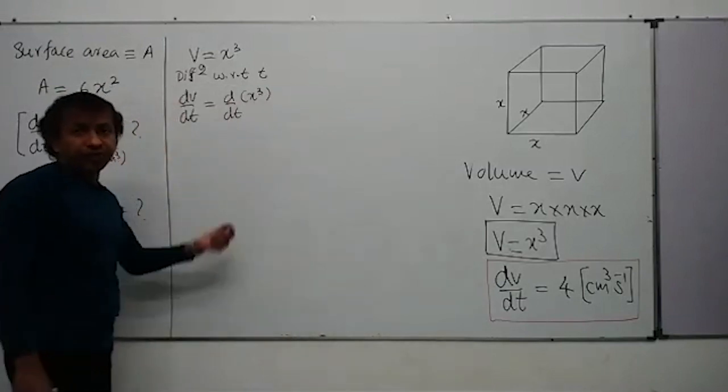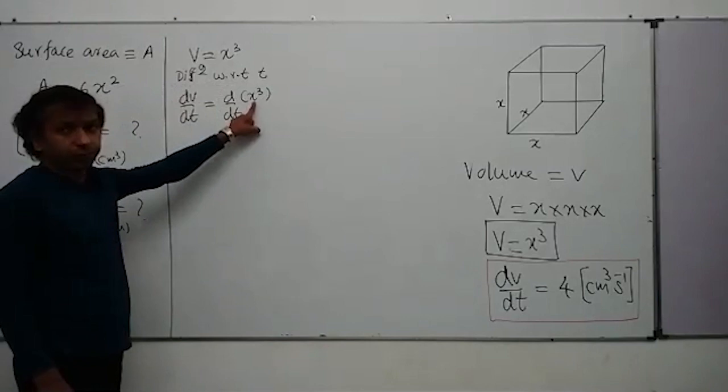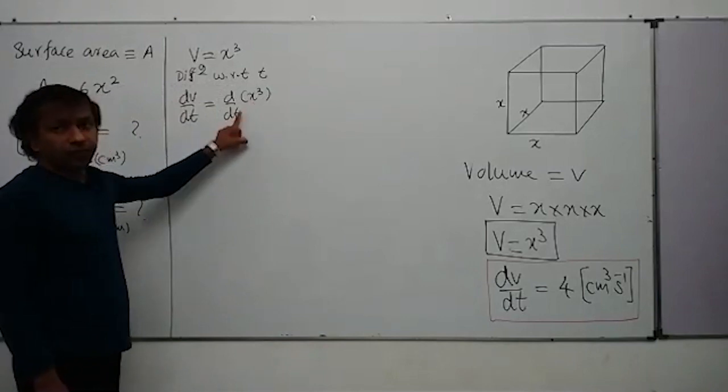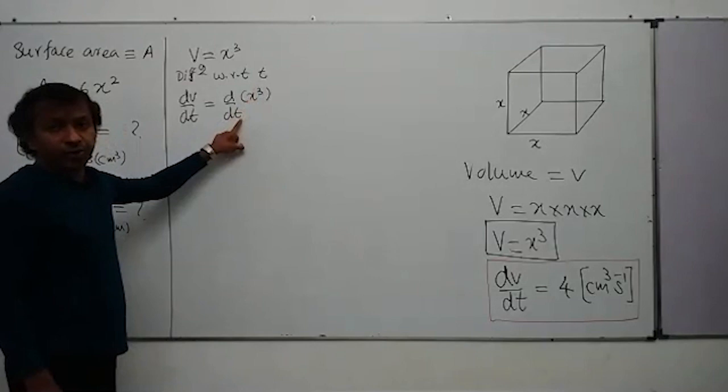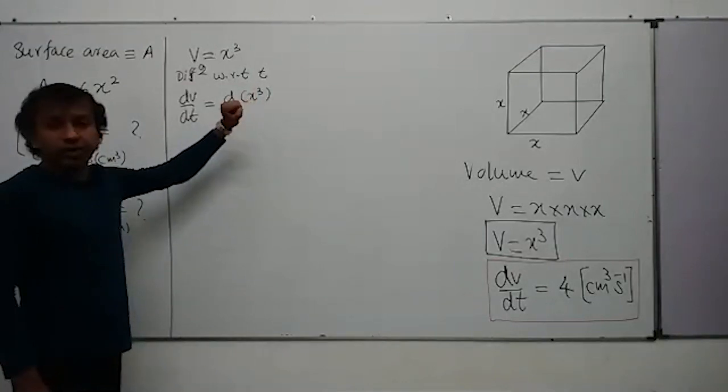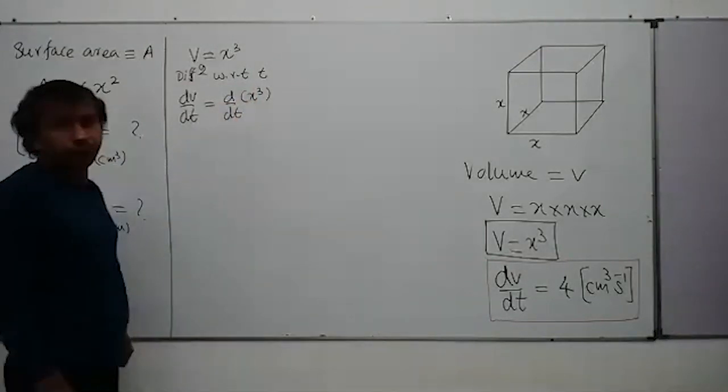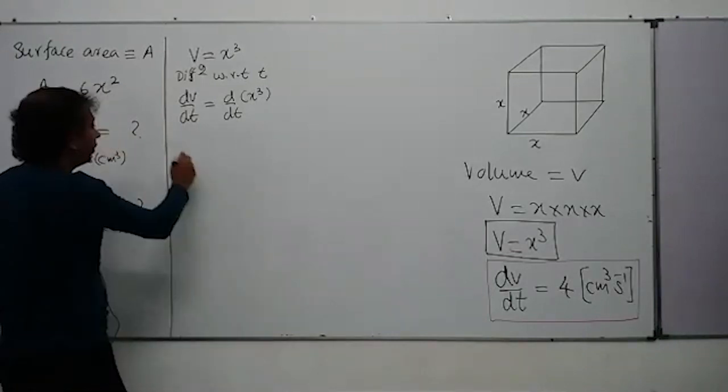People, now here how to differentiate this? Here we have x, which we have to differentiate with respect to t. If we had t cube, that can be differentiated with respect to t as 3t squared. But here we have x cube. Then here we have to apply the chain rule, people.